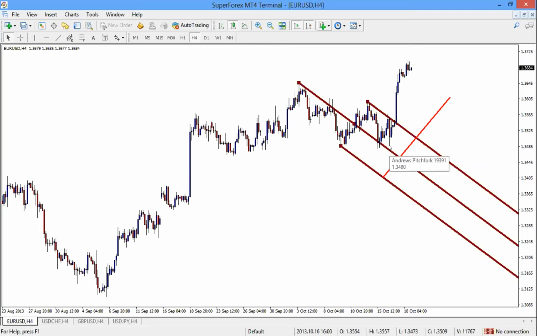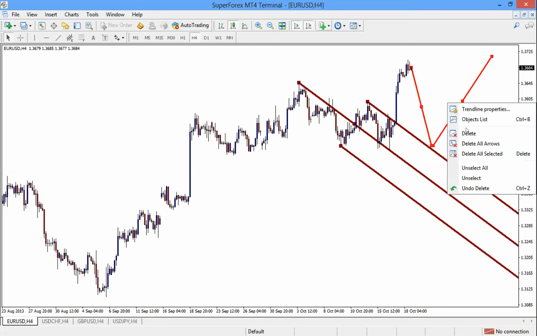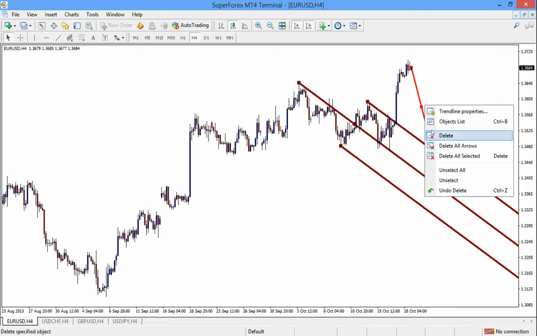Sometimes it will be for a retest and then it comes down again. So you should buy from here or after it breaks out. Now you wait for it to come down. When it has come down to retest, you can buy it again from there. So basically, that's how a pitchfork works.